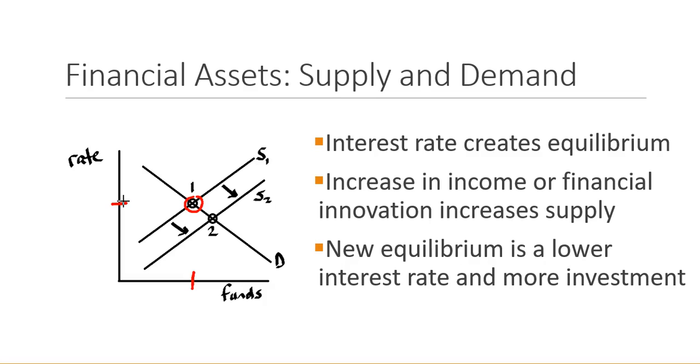So what changes the supply? Well, let's say that there is an increase in income. So there's additional money available in the economy, or there's financial innovation, and that creates an incentive. That creates more interest in providing money for borrowing. So one example would be a new tax rule that says interest income is tax-free.